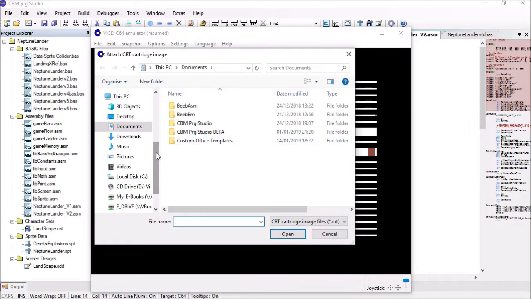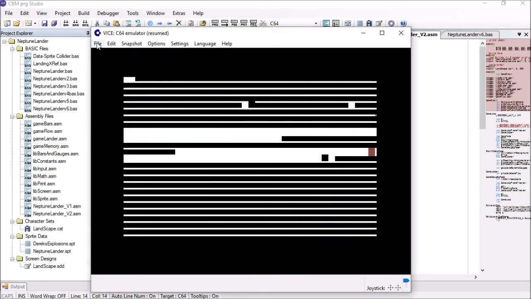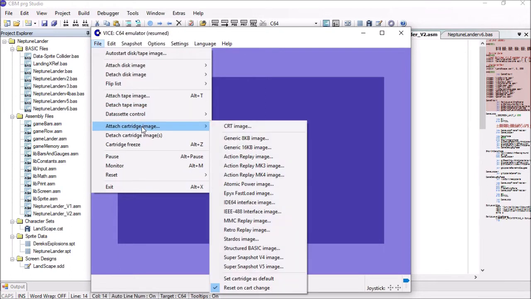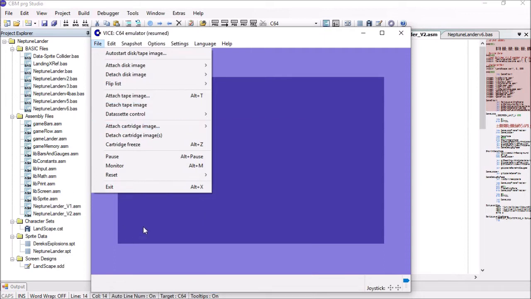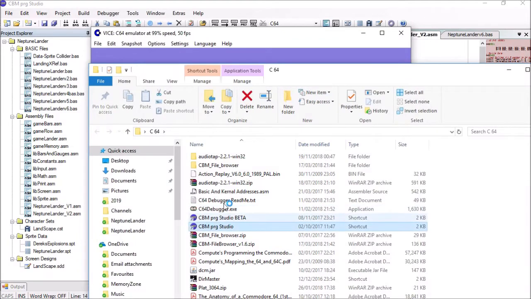Right, can't remember where I put it now. And this doesn't have a recent one, does it? Where did I put the lander? Let's try this one.